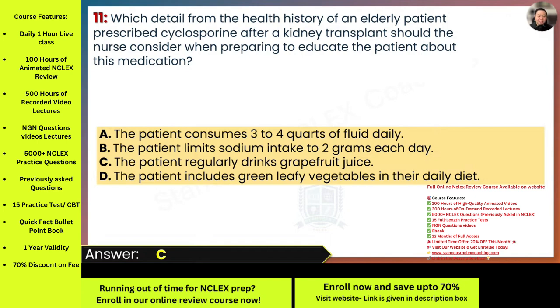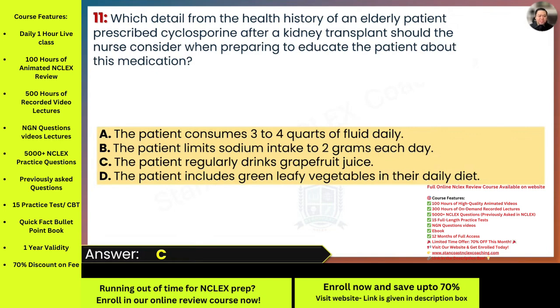It's because eating green leafy vegetables does not really interact with the cyclosporine therapy, unlike green leafy vegetables interacting with the Coumadin or warfarin, and it doesn't work that way. And so we are going to eliminate option D as well.